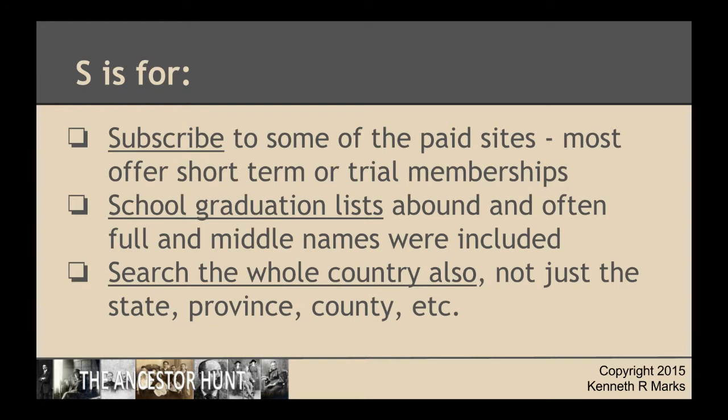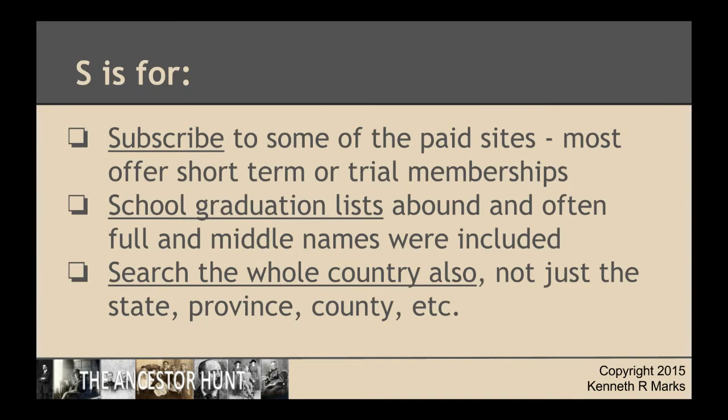School graduation lists are always part of newspapers when kids graduate from school. The interesting part about them, in my view, is oftentimes their full name is there, including their middle name. And middle names are sometimes hard to find. I found a lot of middle names in World War I, World War II draft records, for example, draft card records.